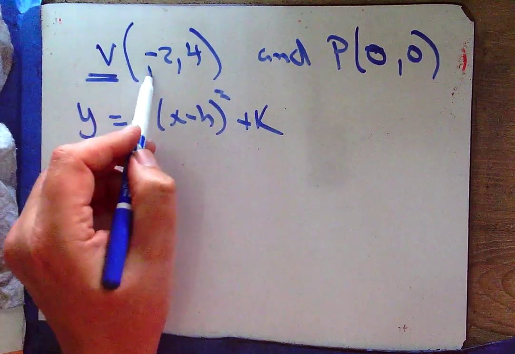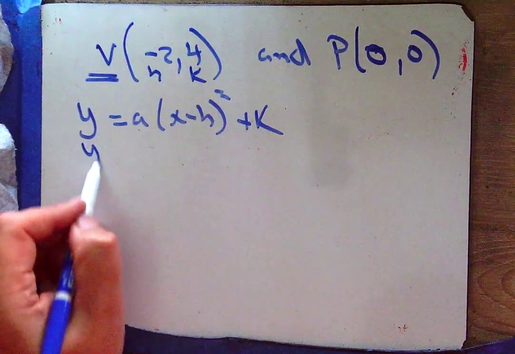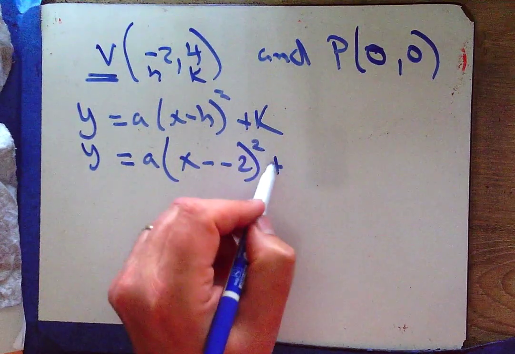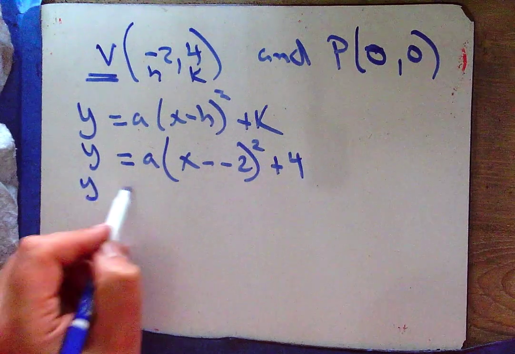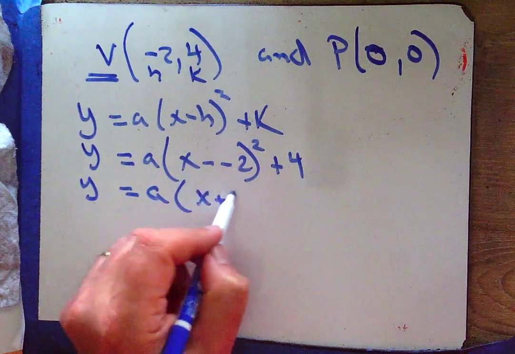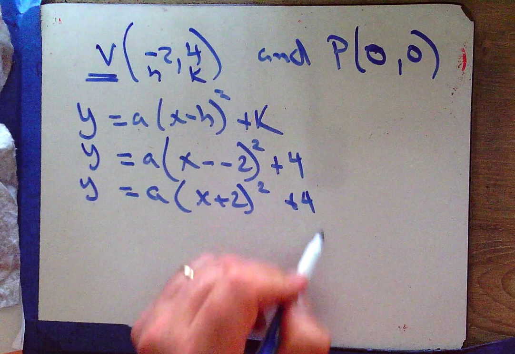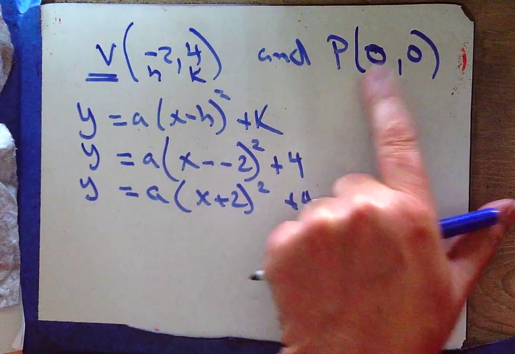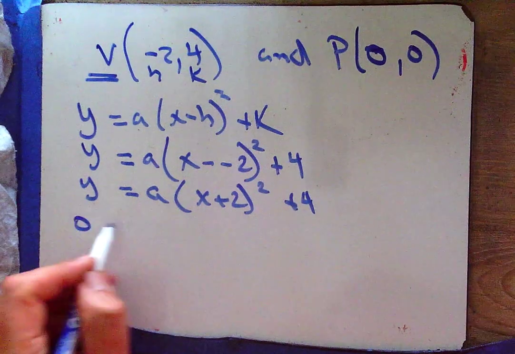So I'm going to plug in my h and my k. y equals a(x plus 2) squared plus 4. Not done because I still need to find a, so I'm plugging in a 0 for x and a 0 for y.